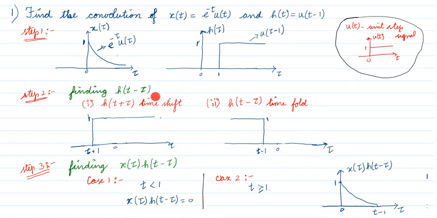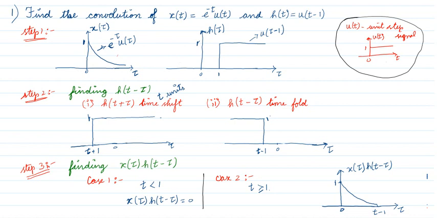H of t minus tau. For this, the first thing we have to do is shifting. First you have to do shifting of how many units? You have to shift by t time units.